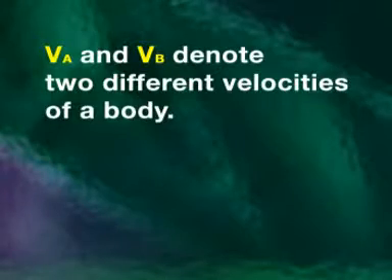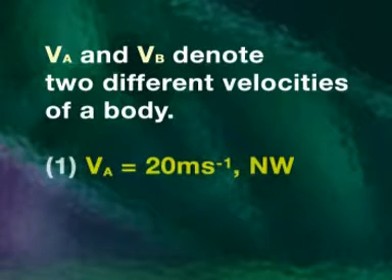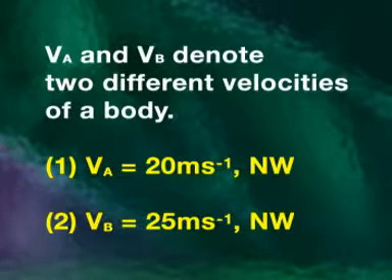To understand this concept more clearly, let's consider the following cases. Let VA and VB denote two different velocities of a body. Let VA, that is velocity of A, equal 20 meters per second north of west, and velocity of B, VB, equal 25 meters per second north of west.